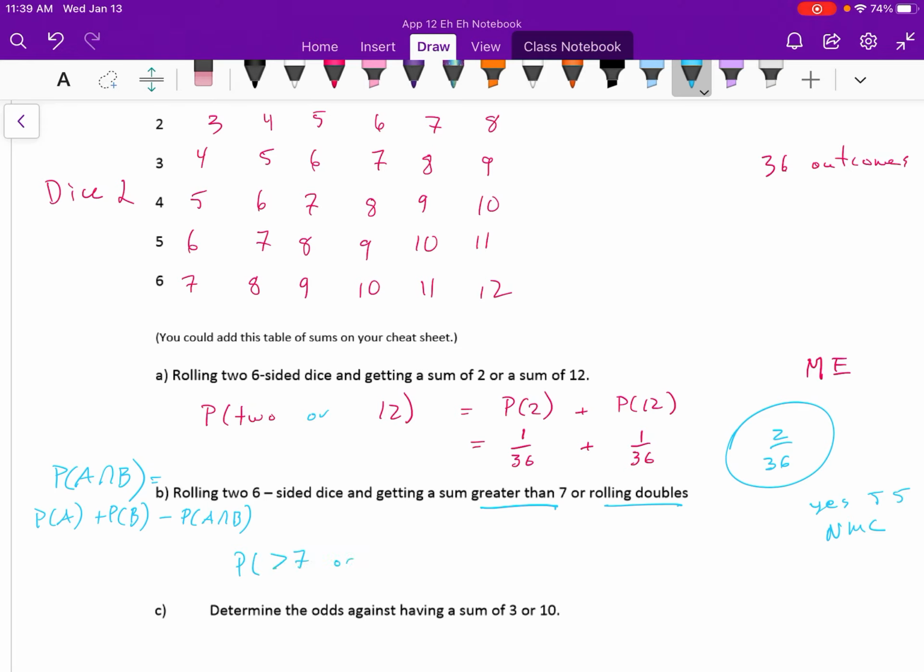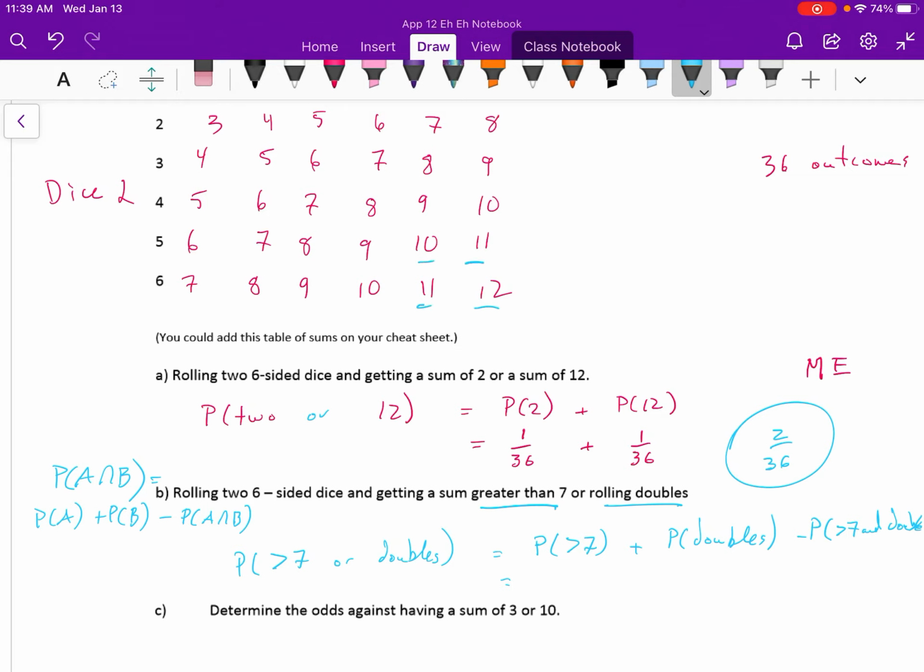So the probability of greater than 7 or doubles is equal to the probability of greater than 7 plus the probability of rolling doubles, minus the probability of greater than 7 and doubles.